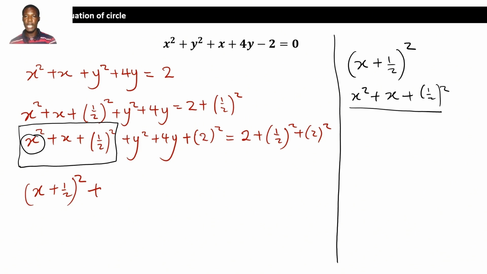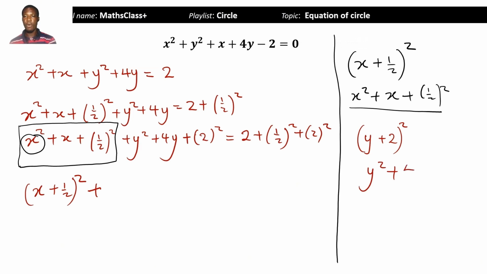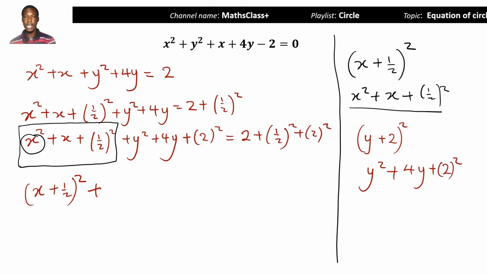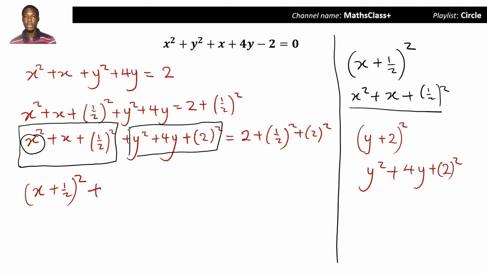So the y, when I take y and then I add it to 2 and I square both of them, the result will be y squared plus 2 times y times 2. That will be 4y, and then plus 2 squared. So you see that it's also the same as the three terms that we see there. So this can also be expressed as this.